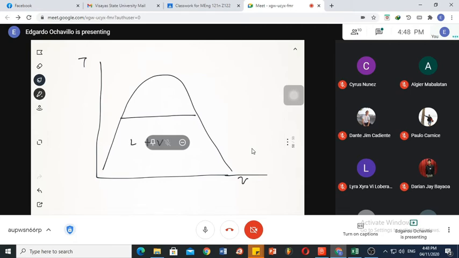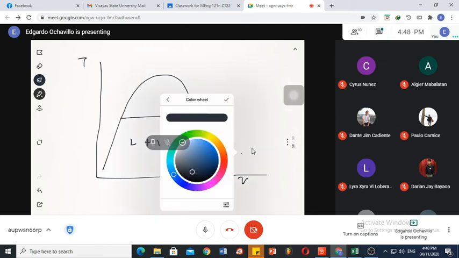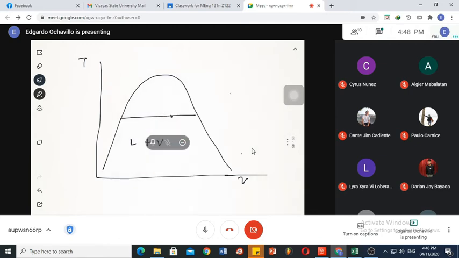Our number one, or A, is somewhere here. And our letter B is superheated somewhere here in this region.